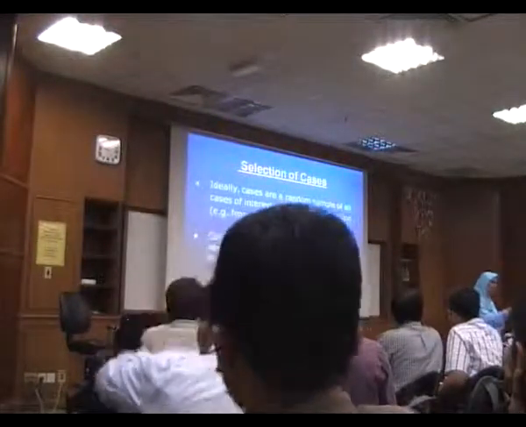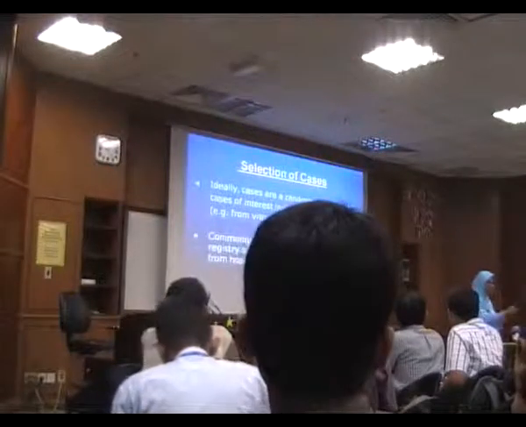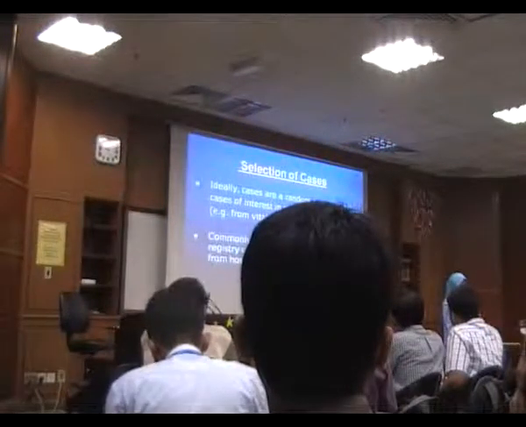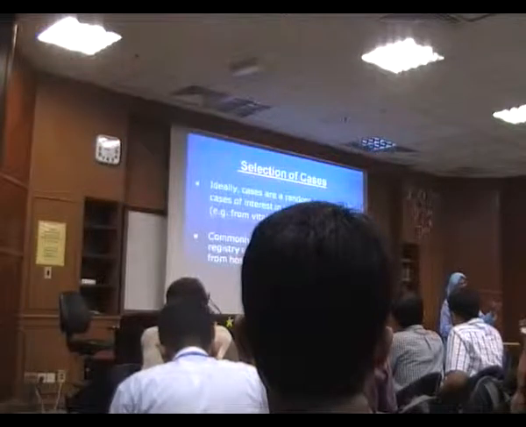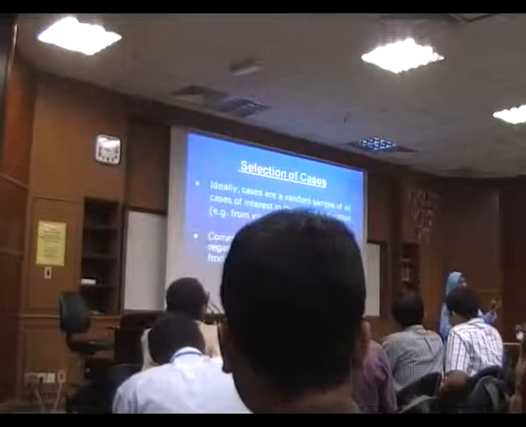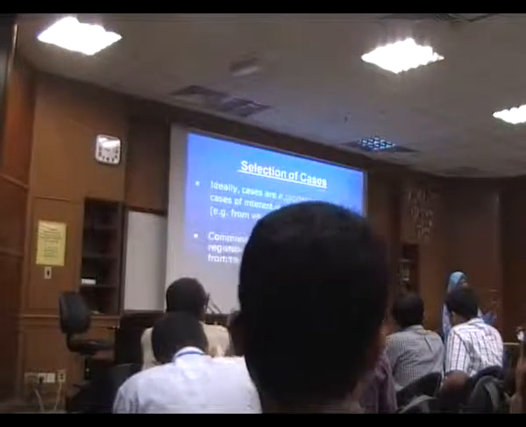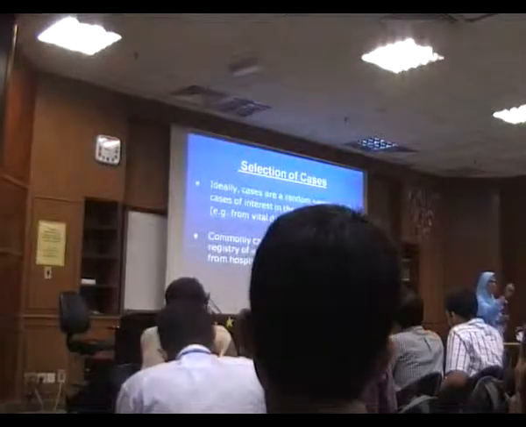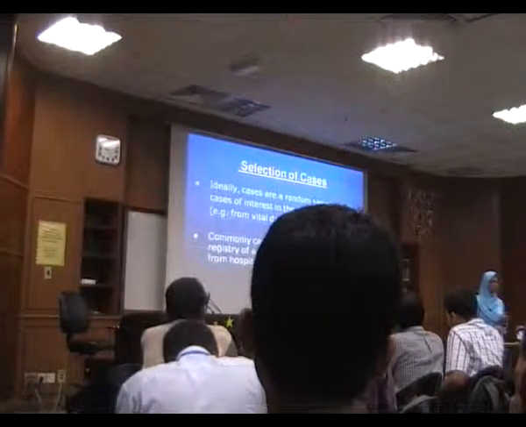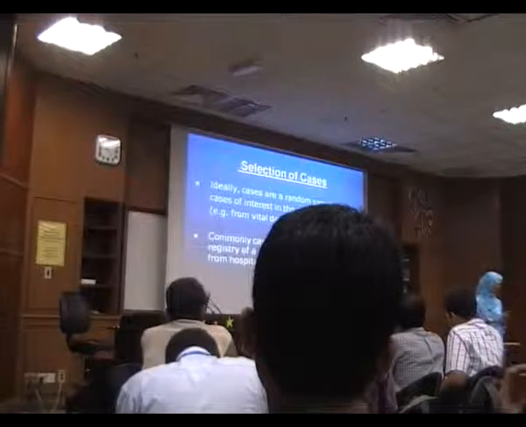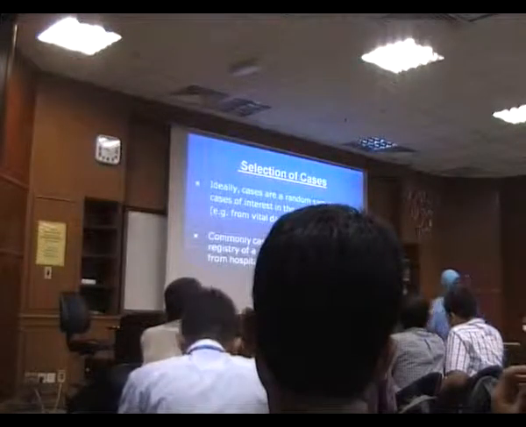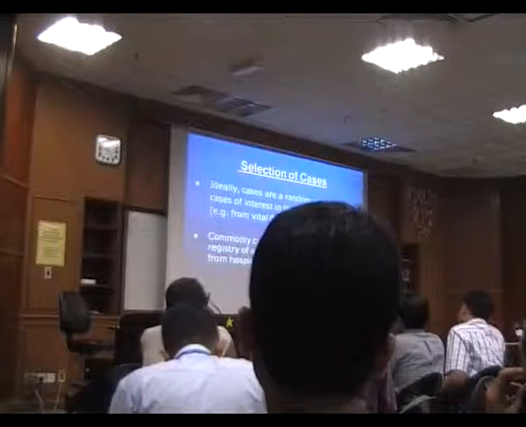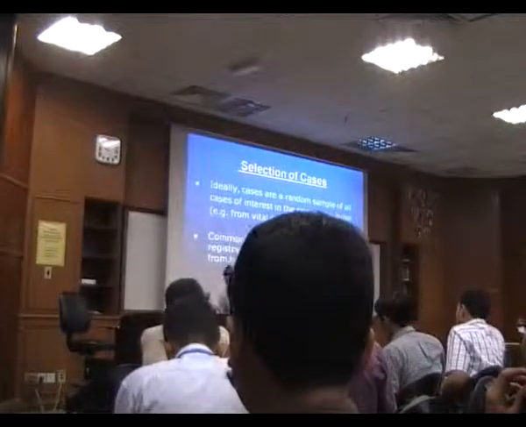You go to the cancer hospital, and you find in 2008 there are 100 or 120 lung cancer cases over there. But you need only 50. Then you have to randomly pick them. You don't need to include all 120. You randomly pick only 50 cases.